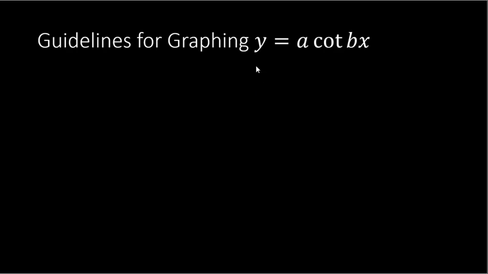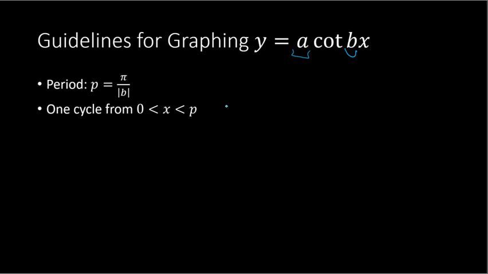So when you're graphing a cotangent function, such as this one, where we have y equals a times cotangent of b times x, the amplitude would still be a, and the period would still be found by doing pi divided by this b value. So as we mentioned, one cycle is going to start at 0, so the asymptote would be at 0, so it's kind of shifted over, and then it goes to pi.